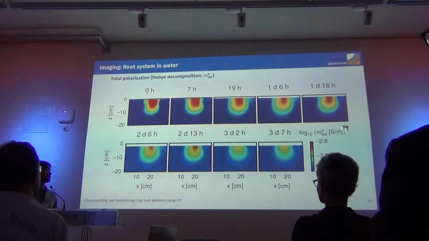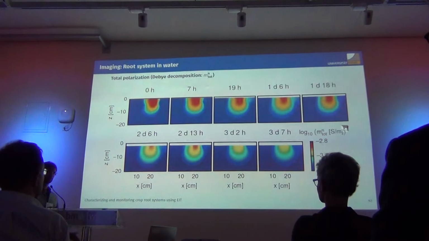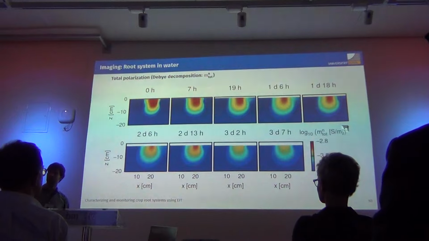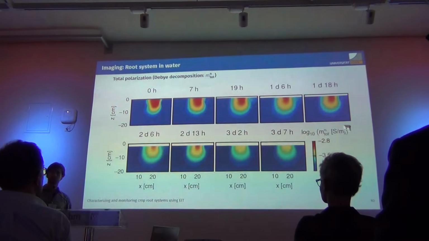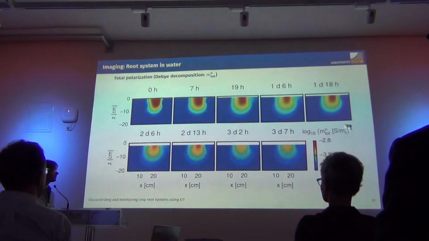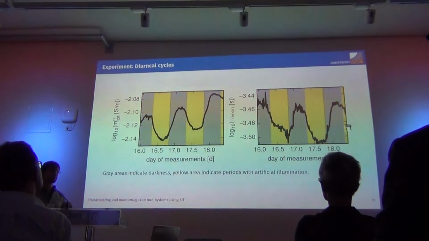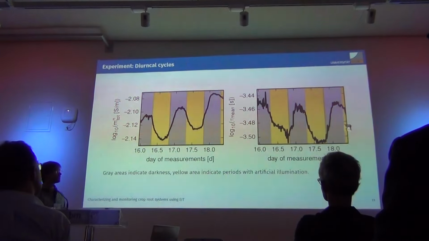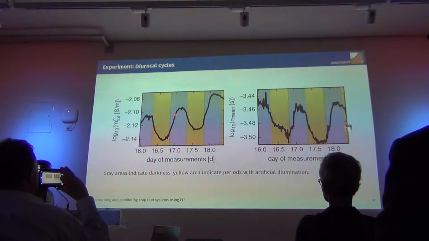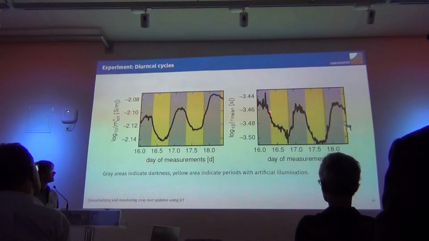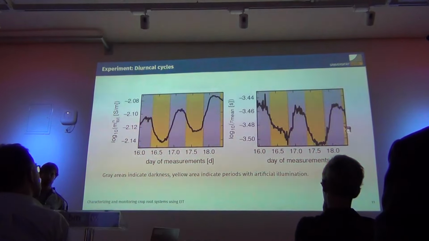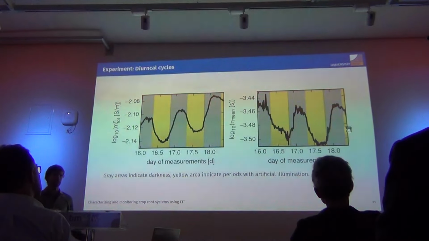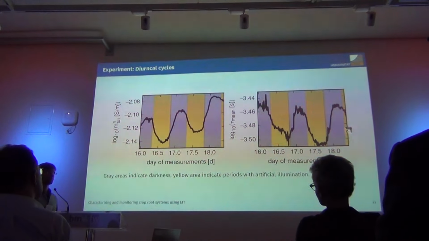We can go one step back, but increase the measurement speed to only spectroscopic measurements on one dipole. We can go down to a 7-minute measurement time. We can also see systematic changes in total polarization and in terms of relaxation times over the diurnal cycle. This is for dark and light conditions.